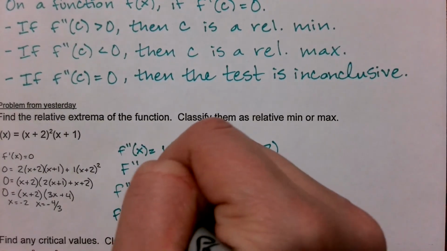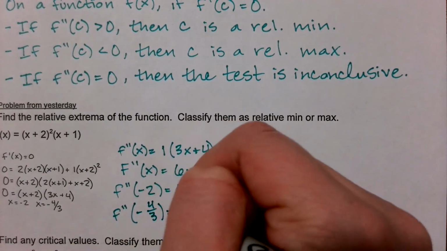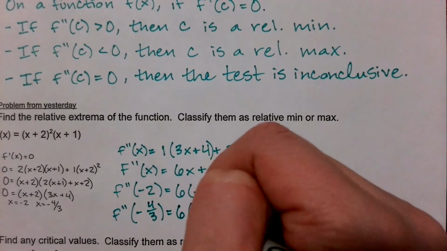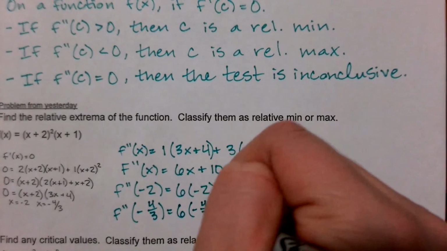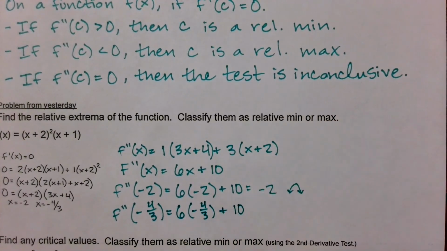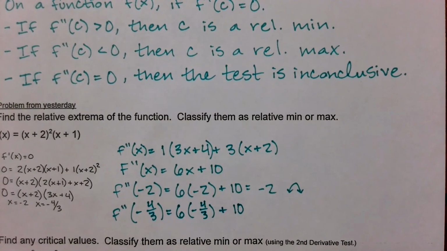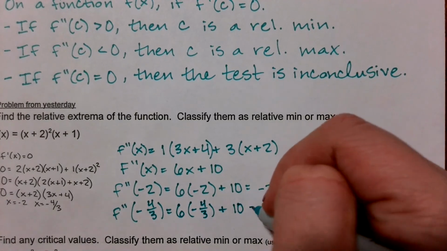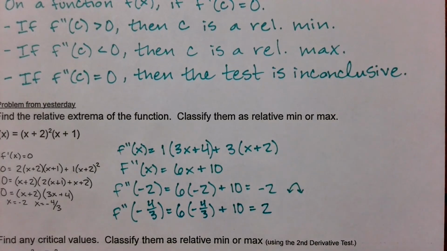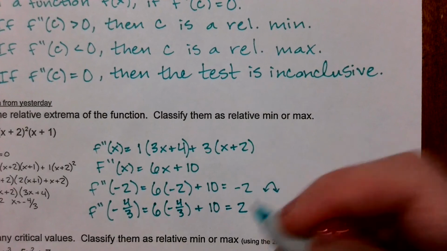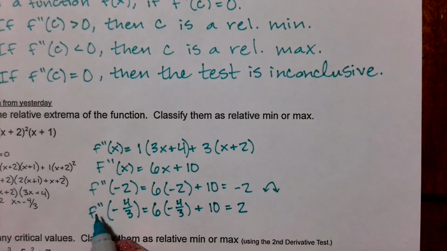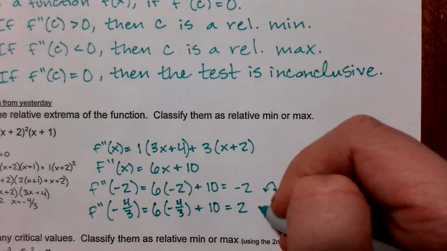Same thing with our -4/3. We would go ahead and plug that into our f double prime. And let's see, we would cancel here. We got a -8, so we end up with a positive 2. So in this case, since our f double prime is positive, that means that we're concave up.